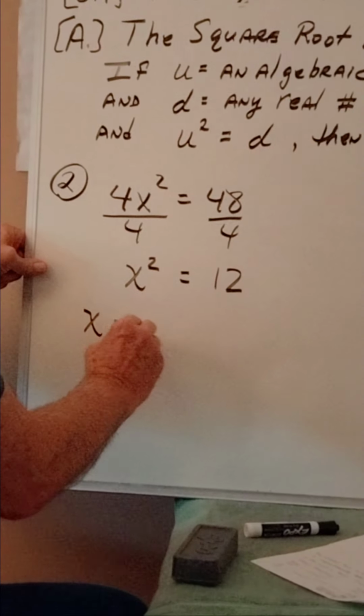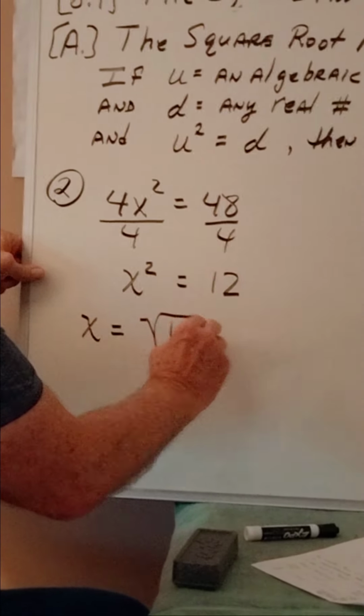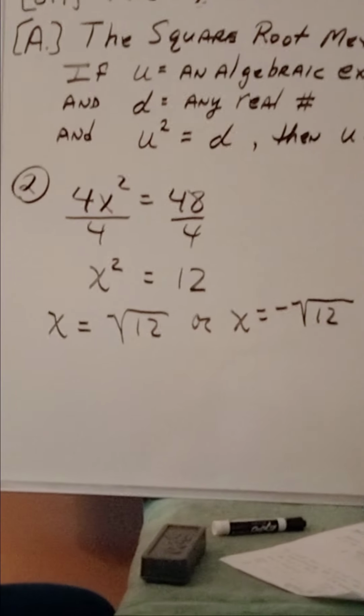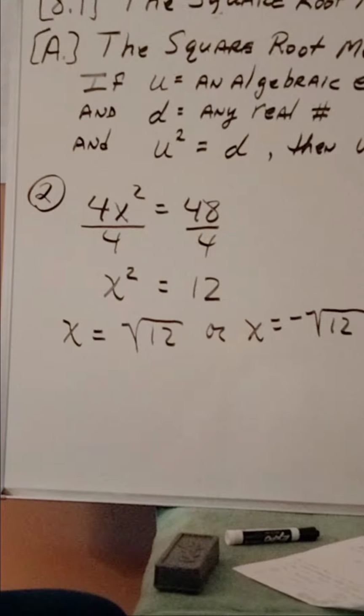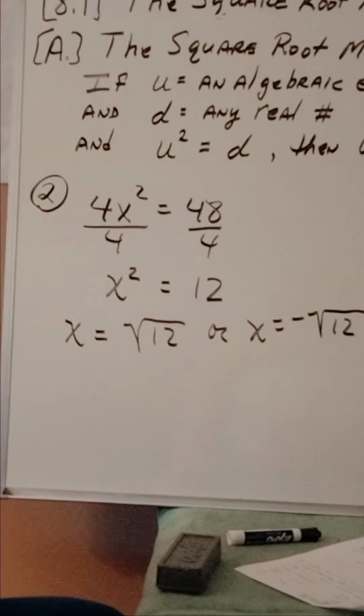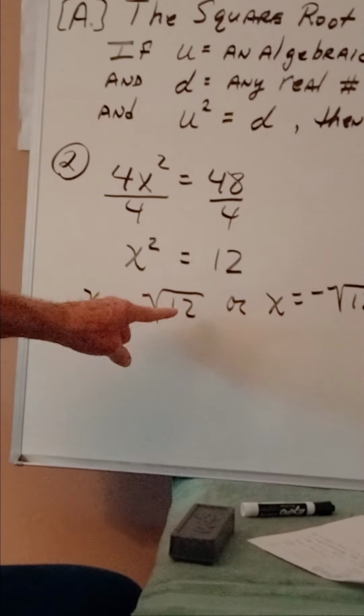X is equal to the positive radical of 12, or x would be equal to the negative radical of 12. Now the radical of 12 is not a perfect square, but the radicand of 12 can be simplified because 12 contains a perfect square factor of 4.